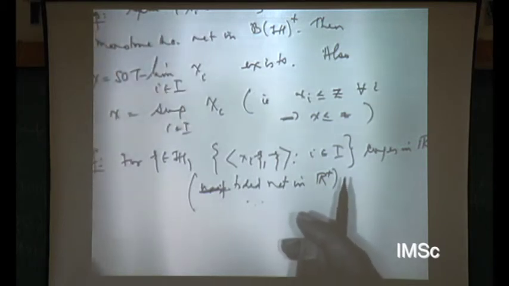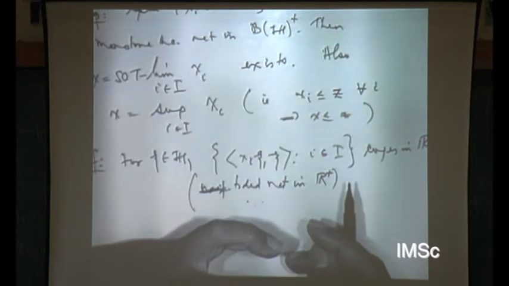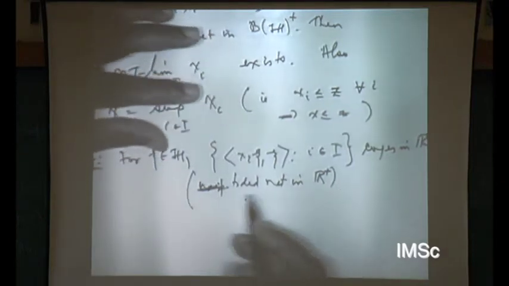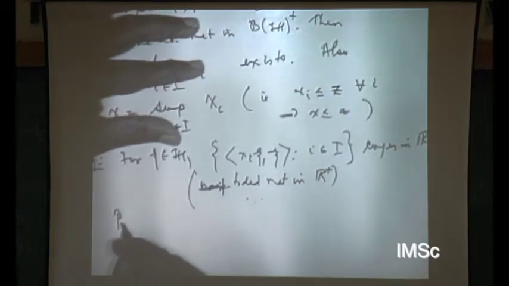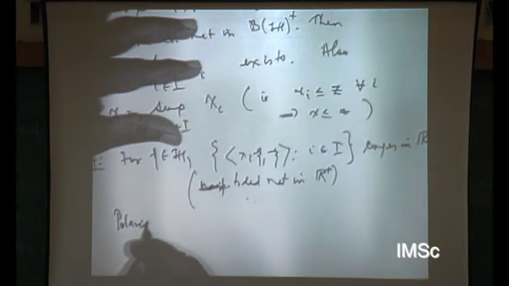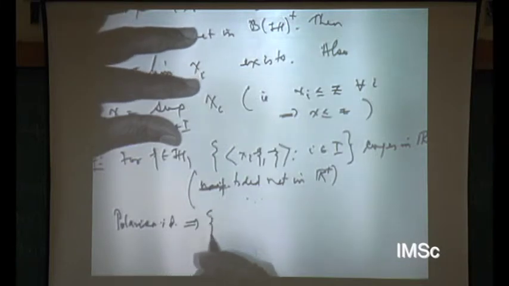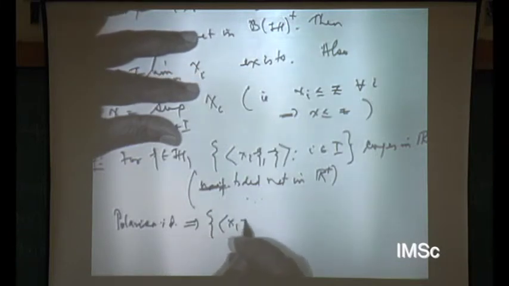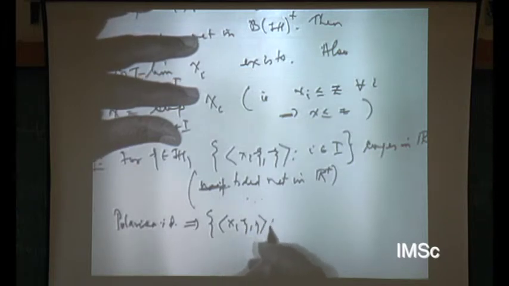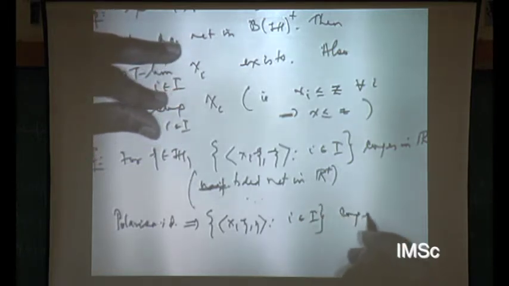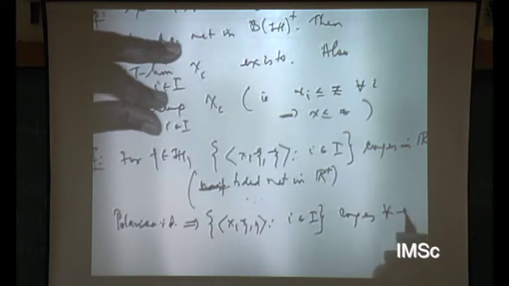But now we proved last time that any quadratic form comes from an associated sesquilinear form. Right? So the polarization identity implies that <x_i xi, eta> converges for all xi and eta.